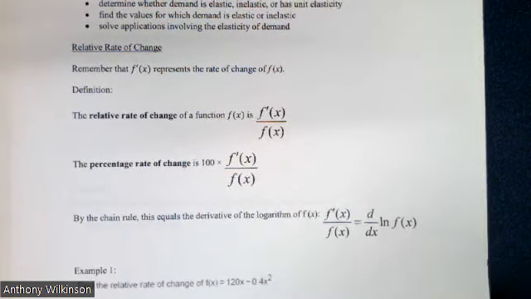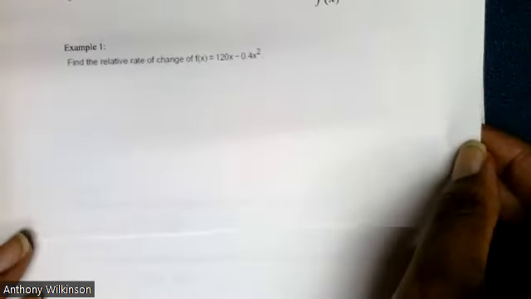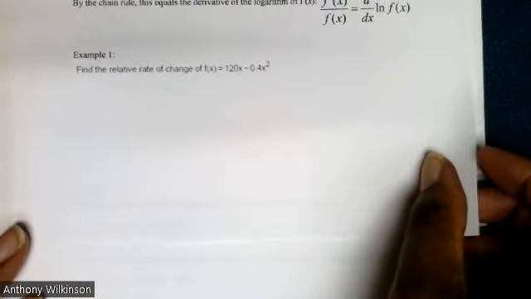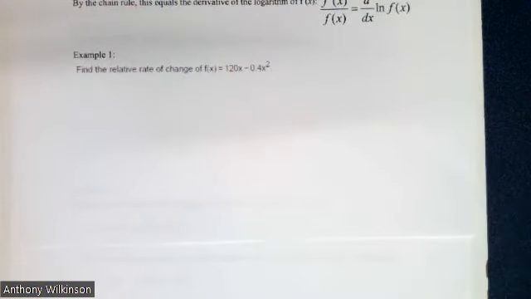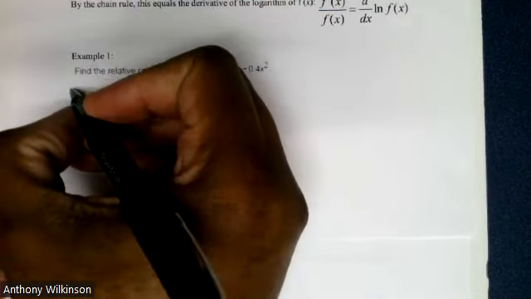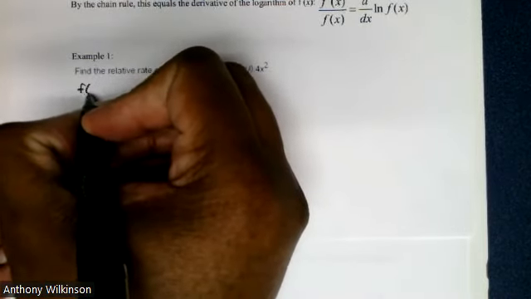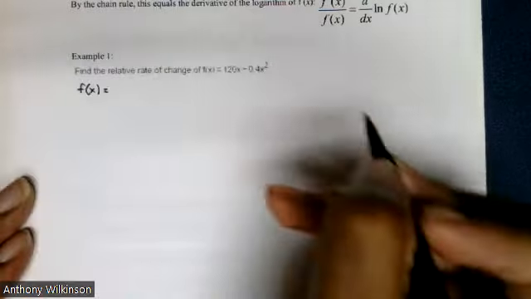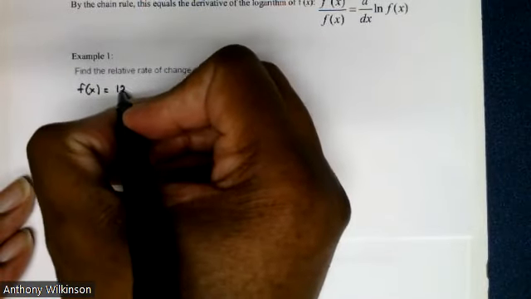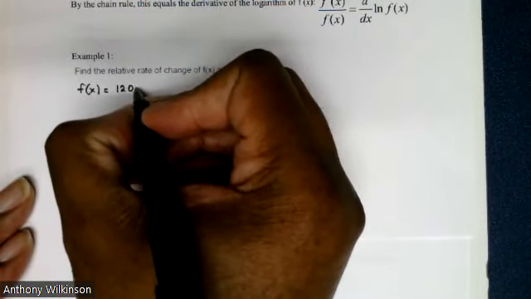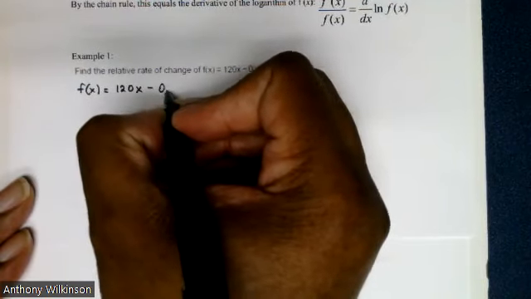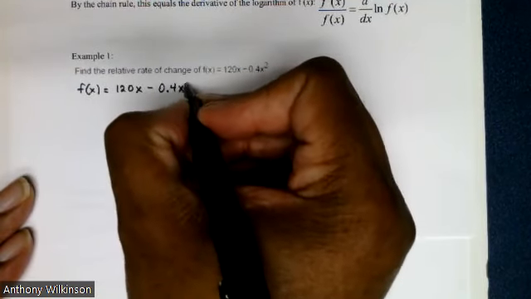All right, so in example 1, here we're going to find the relative rate of change of the function f of x equal to 120x minus 0.4x squared. So we'll start off with that f of x. I'm just going to rewrite the function. f of x is equal to 120x minus 0.4x squared.